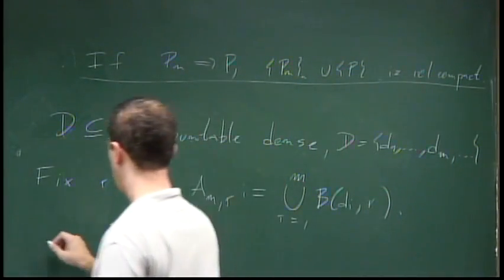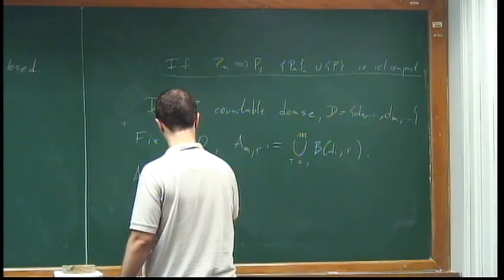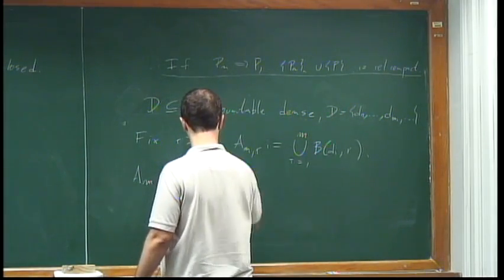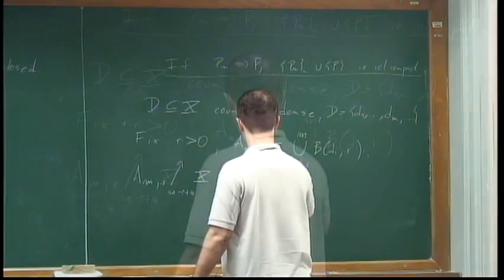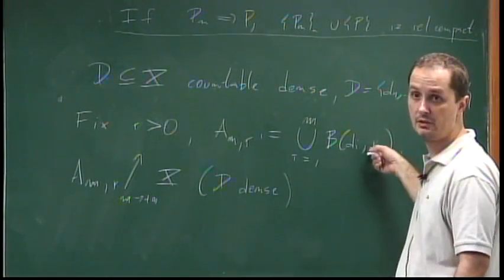We argued that A_{M,R} increases to X just because D is dense. So everybody is in a ball of radius R around one of these points.